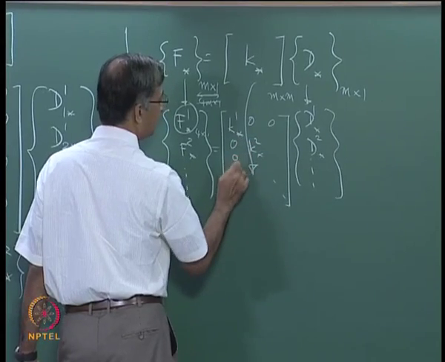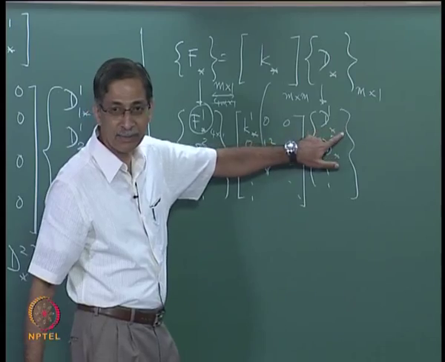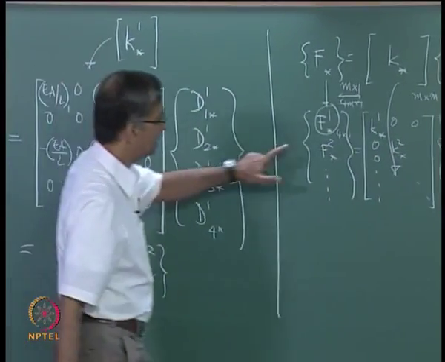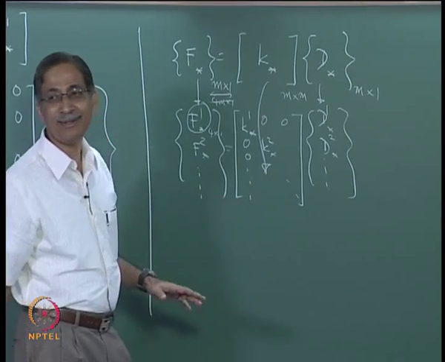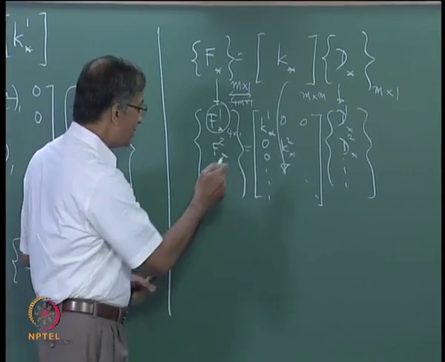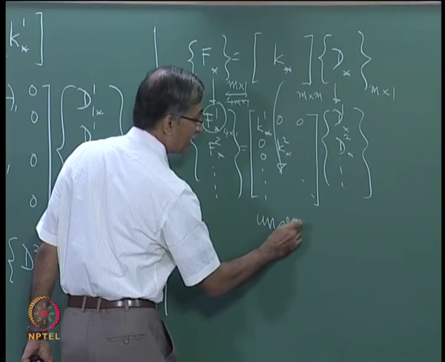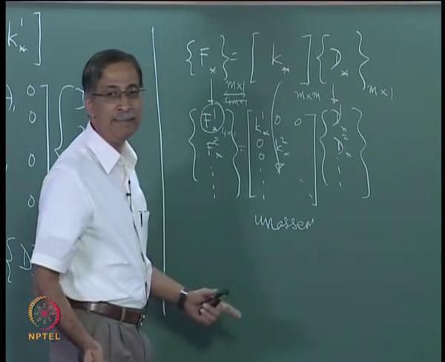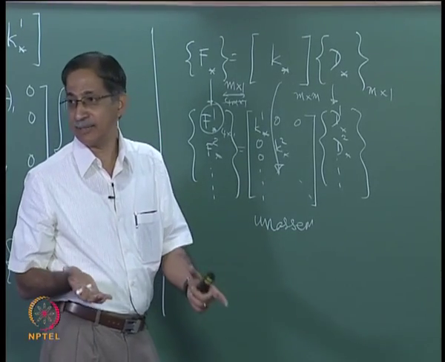Is it clear? Because then only I get this equal to this times that, and this equal to this times that and nothing else. So this is sometimes referred to as the unassembled, because you've really not assembled the structure. You just put all the element matrices together, but it's not the structure stiffness matrix.